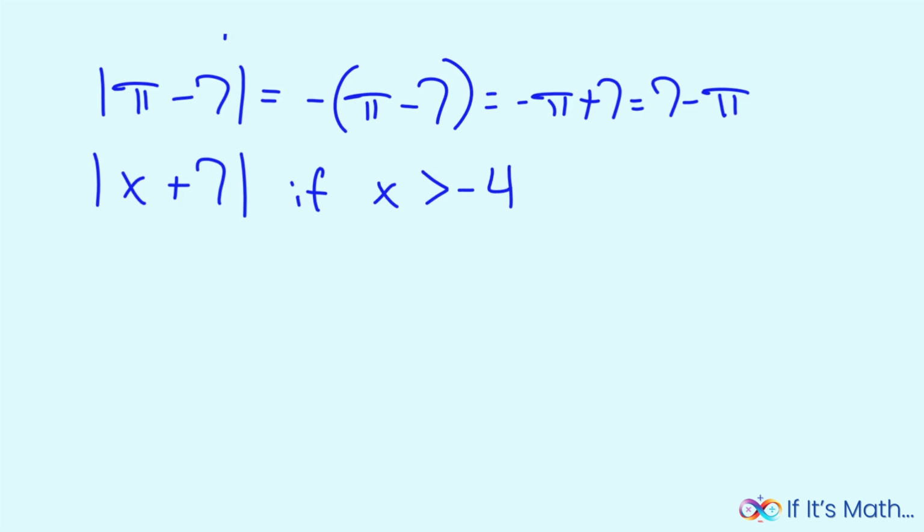If we're saying x is greater than negative 4, well, if x is, say, 10, 10 plus 7 is going to be positive. So the smallest x can be is negative 4. And because negative 4 plus 7 is 3, which is positive, you know that every answer that could be in here is going to be positive. So what that tells you is I can just drop the absolute value sign because it's always going to be positive.